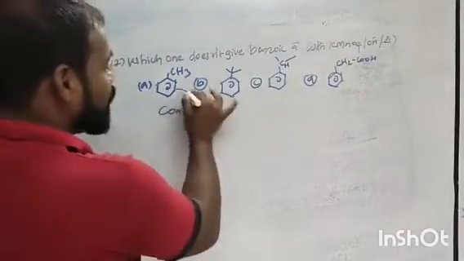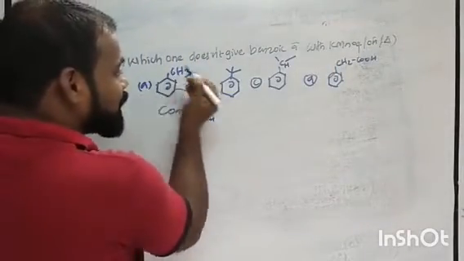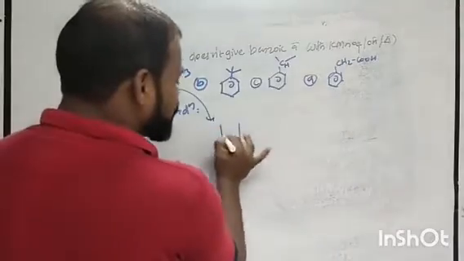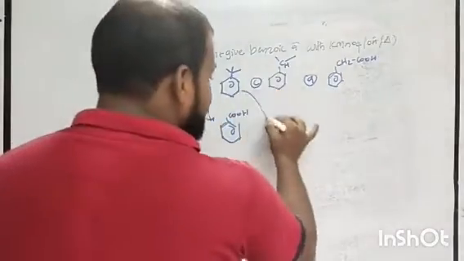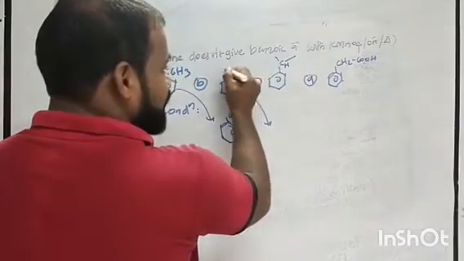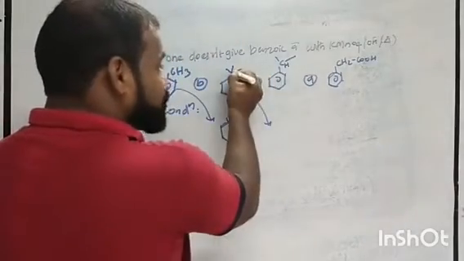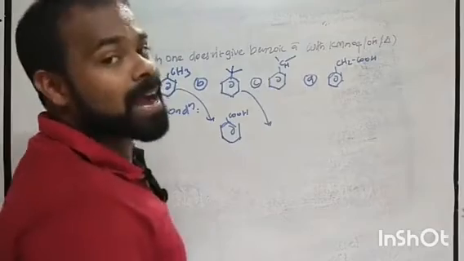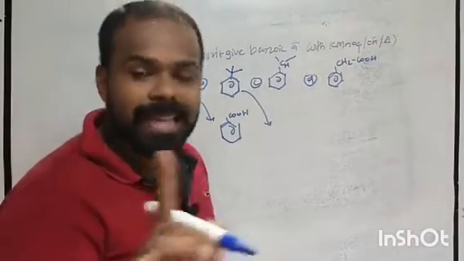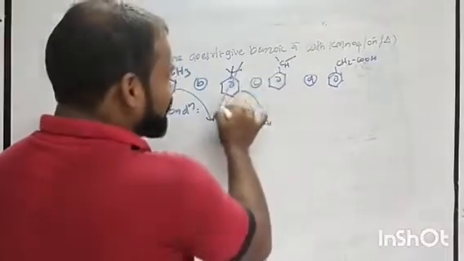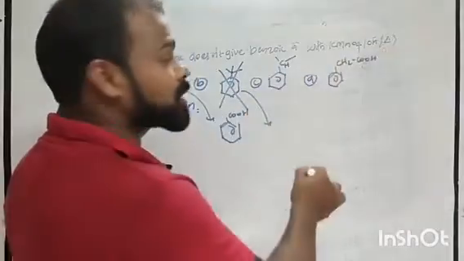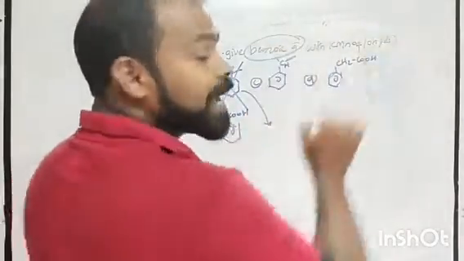Here the benzene ring attached carbon has 3, therefore no doubt it will be easily converted to benzoic acid. In this case, CH3, CH3, CH3: the benzene ring attached carbon has no hydrogen atom. Therefore this one does not produce benzoic acid with KMnO4.